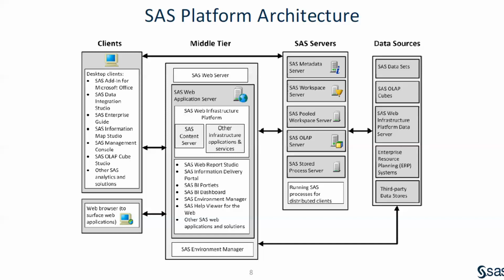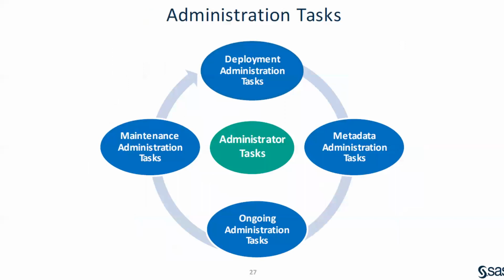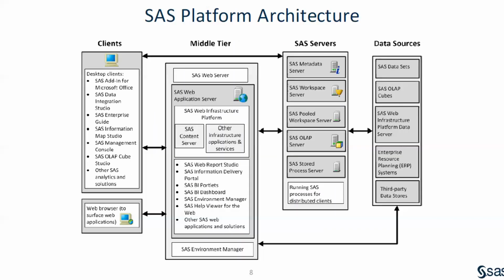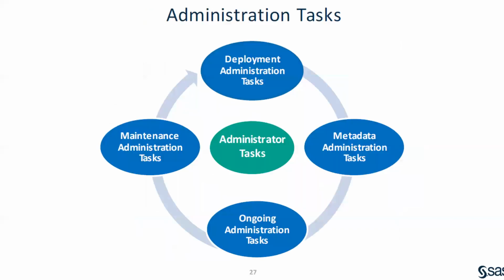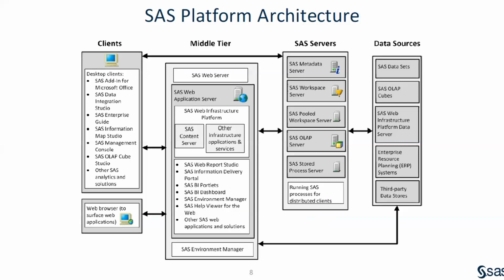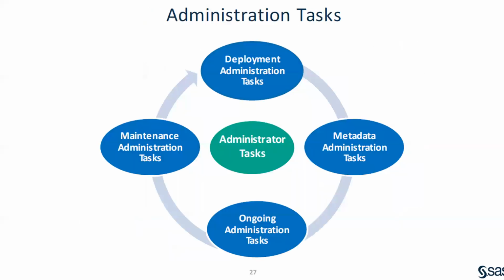One is data sets, then OLAP cubes, then even big data and Hadoop, those types of data we can connect. Then ERP systems, enterprise resource planning, then third-party data sources. Any type of data comes under the data tier only. So we have four tiers in the SAS architecture. I will explain it later once again in detail.